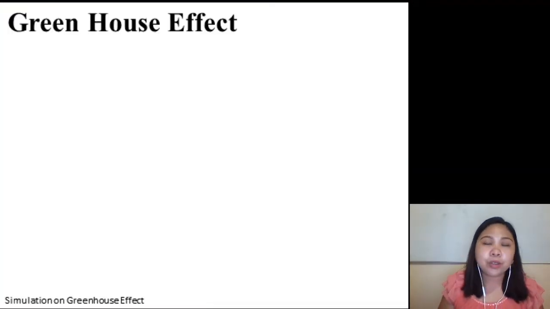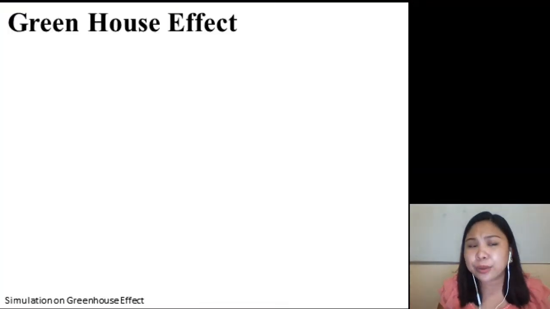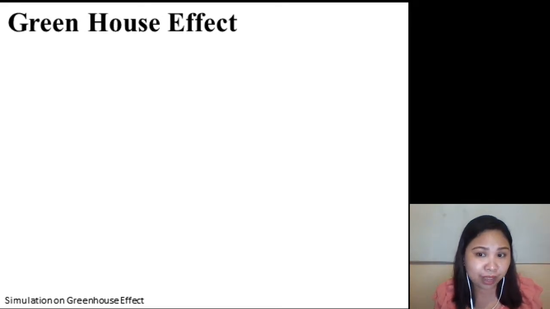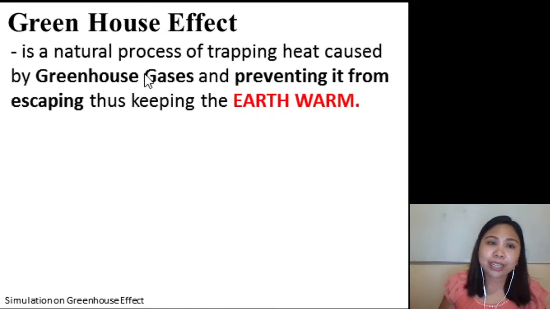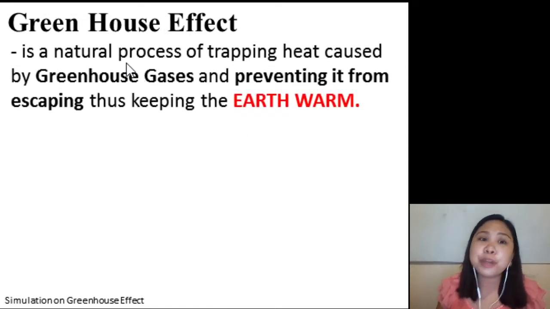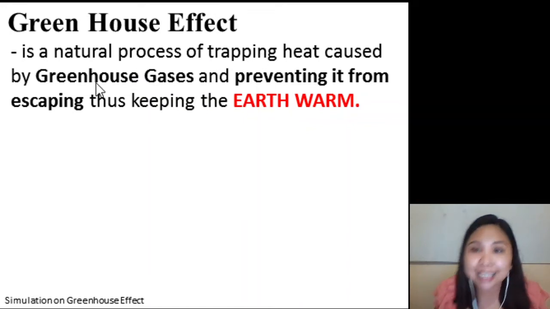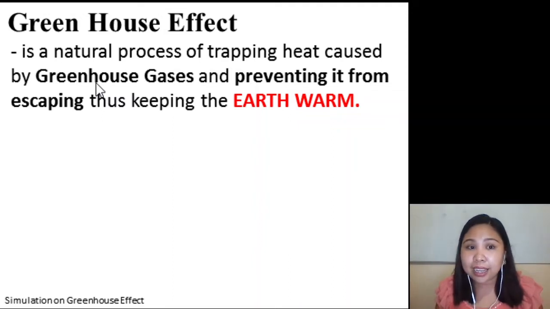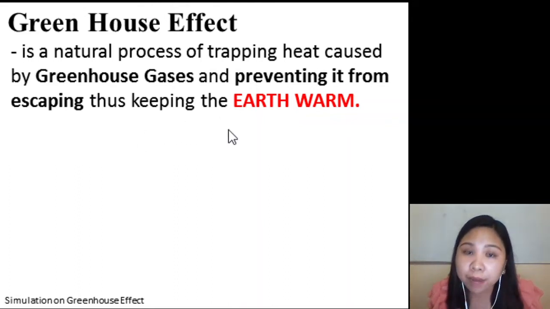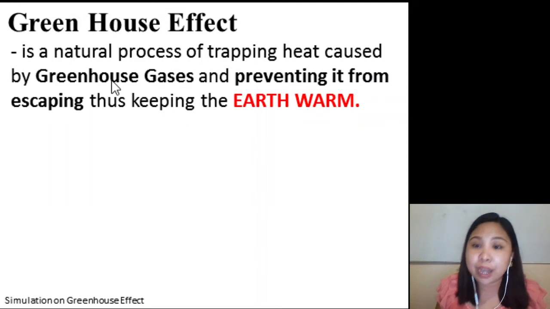So, meron din tayong tinatawag na greenhouse effect. I know you are familiar with greenhouse effect. So, paano ba to nangyayari? By the way, greenhouse effect is a natural process of trapping heat caused by greenhouse gases. Whenever the greenhouse gases trap the heat and prevent it from escaping, thus keeping the earth warm, nagkakaroon ng greenhouse effect.